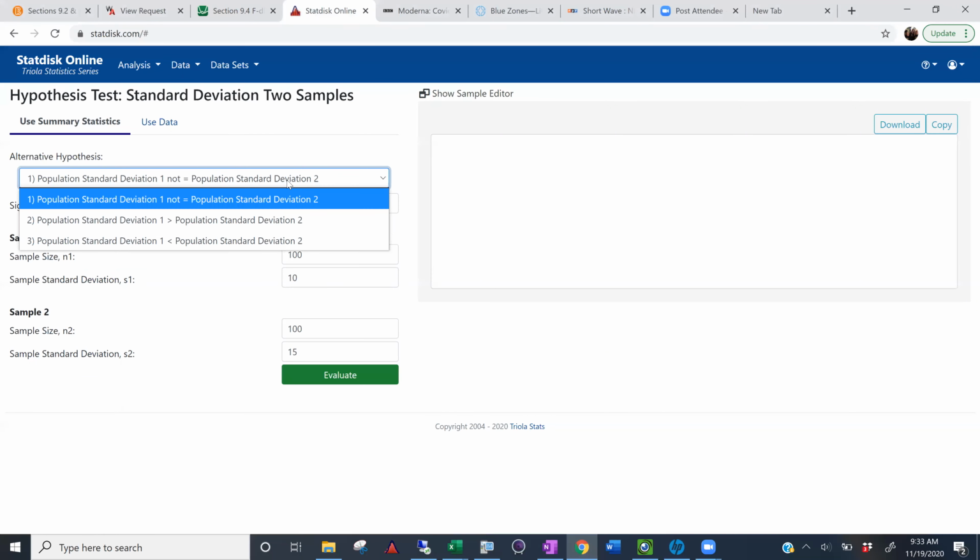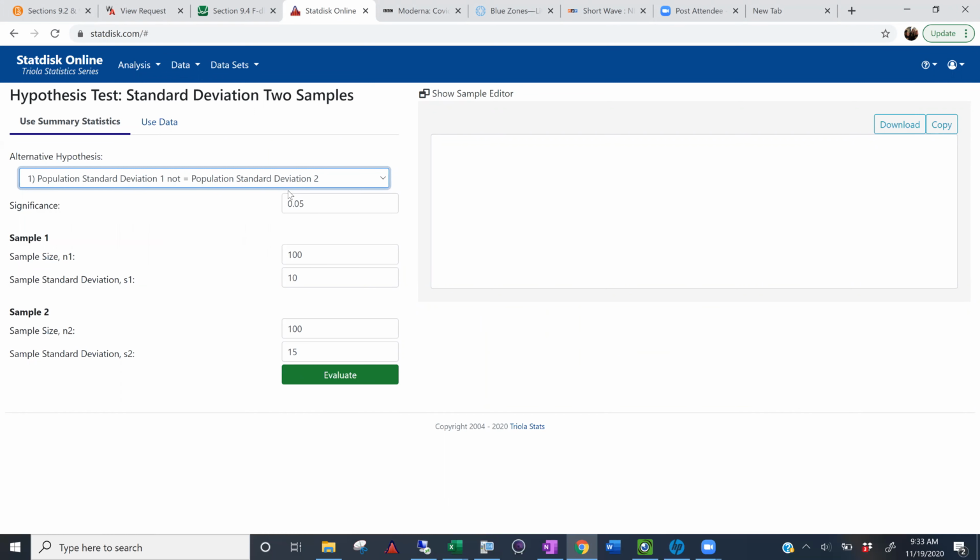In this case, do we need to make any adjustments, or can I use the alternative as is? Not making any adjustments. Yeah. What we're doing is sigma 1 is not equal to sigma 2, so we're okay there with that first one. Significance level is fine as well.